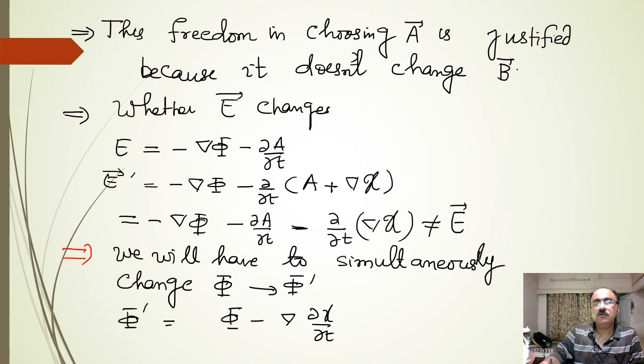If you plug in over here, then this will become plus and this will cancel out. So phi dash will be finally equal to phi minus gradient of del chi by del t.